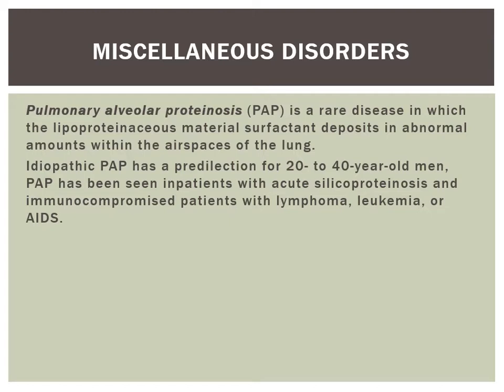Pulmonary alveolar proteinosis is a rare disease in which lipoproteinaceous material, surfactant, deposits in an abnormal amount within the airspace of the lung. It has a predilection for men, mostly 20 to 40 years old, and has been seen in patients with acute silicoproteinosis and immunocompromised patients with lymphoma, leukemia or AIDS.